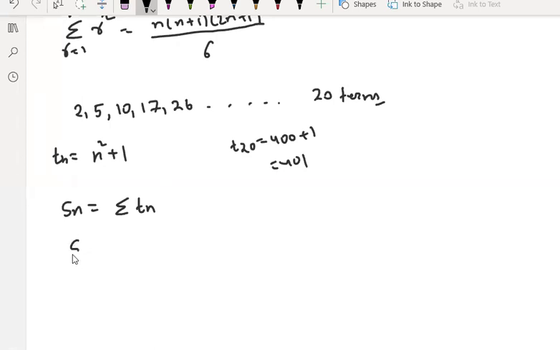So I can say that Sn is nothing but summation of n square plus 1, 1 to n. I'm just writing 1 to n. So if you think about it, what is this? This is summation of n square plus summation of 1. Agree, guys? Now, what is the formula for summation of n square? We just studied that.